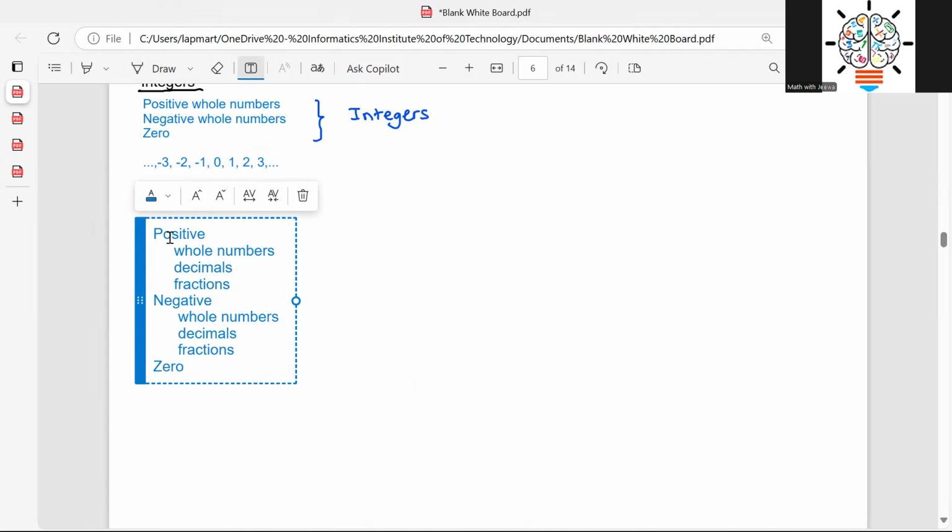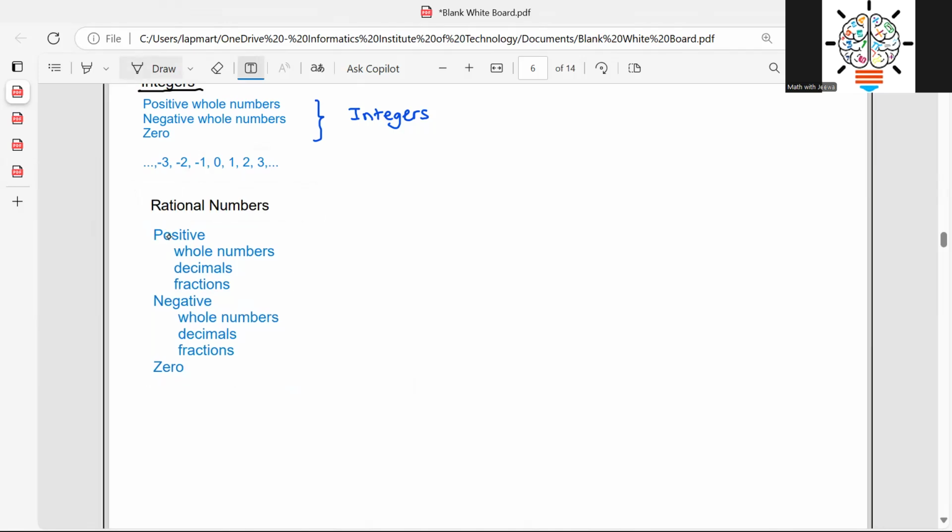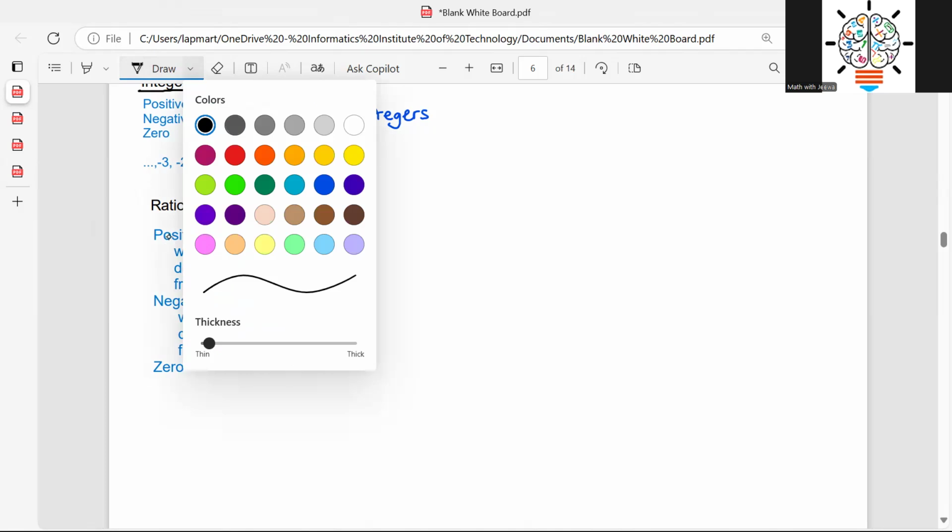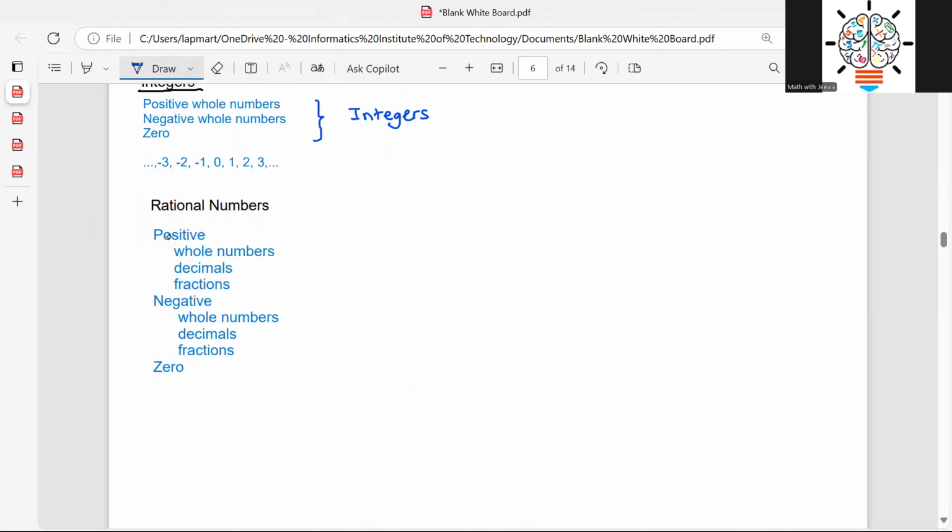Positive whole numbers, positive decimals, positive fractions, negative whole numbers, negative decimals, negative fractions, and zero, everything together, we name as the rational numbers. You can write that everything together, they are rational numbers.